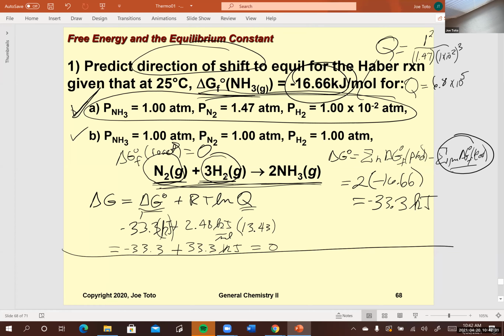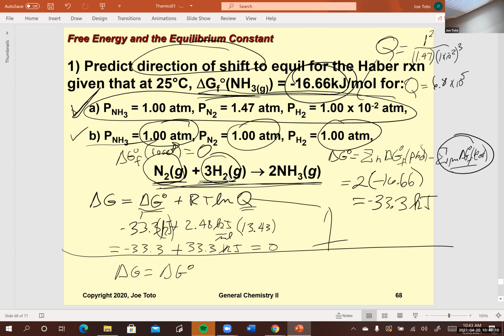All right, how about B? Well, B is kind of easy, right? They're all ones. So that makes Q here 1 for B. So that drops out, and it just says that delta G equals delta G 0, which means it's a standard state delta G, and that's what it should be when all the concentrations for gases are 1 atmosphere.